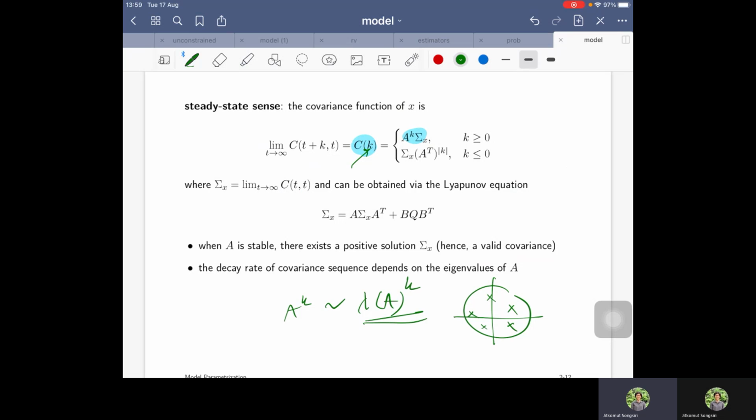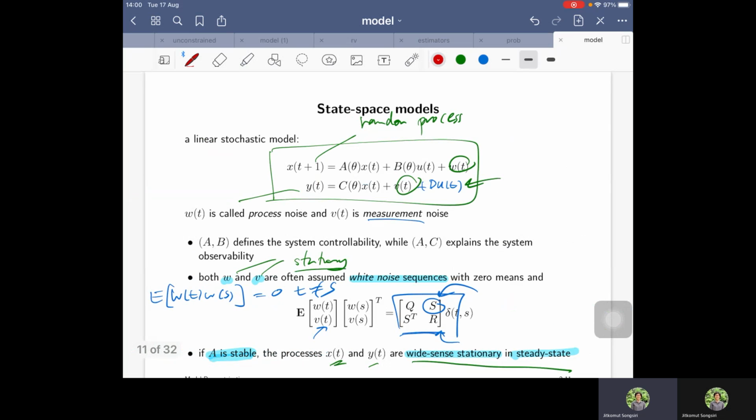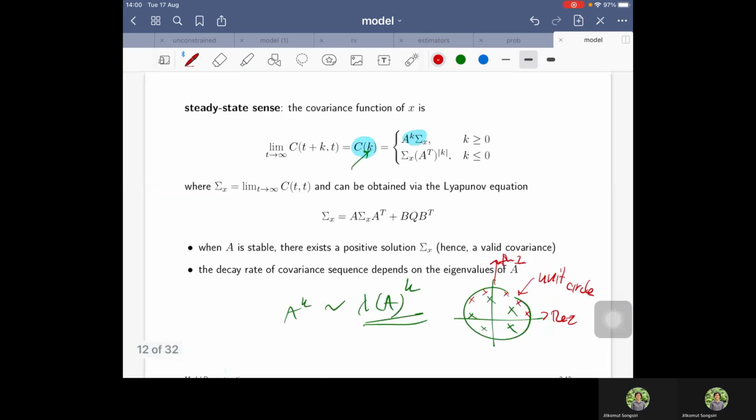If they lie near the boundary, what is that thing? This is called the unit circle in the complex plane. Again, let me emphasize that we consider the discrete time process. So when we talk about stability, we refer to the region inside the unit circle.